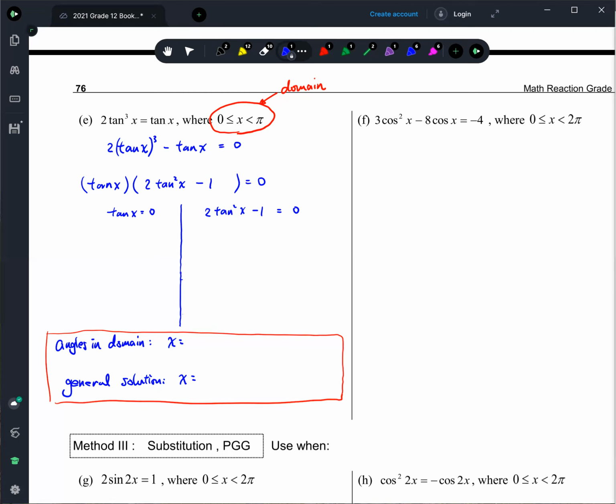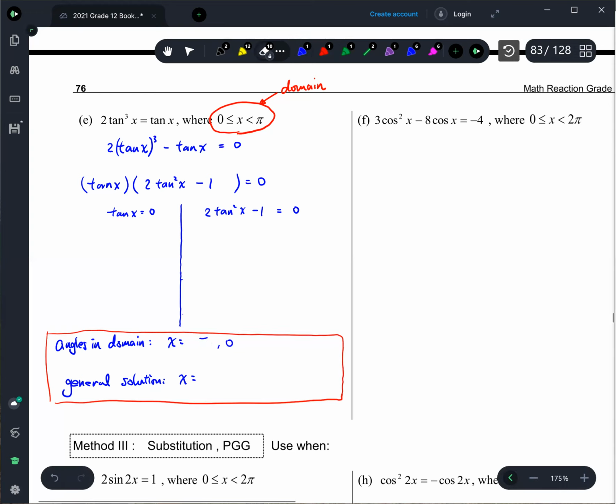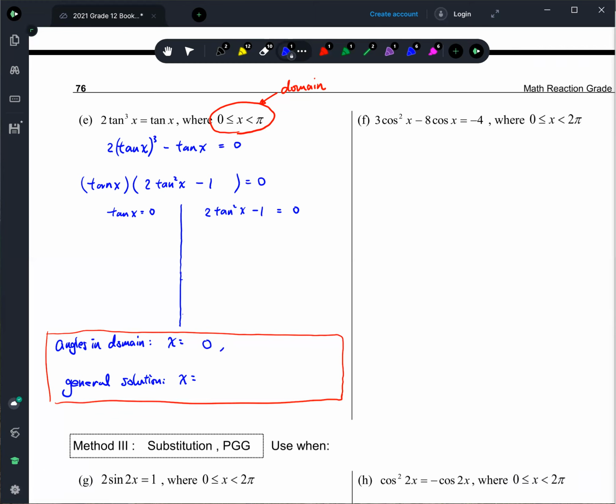For the tan x equals 0, I got pi and 0. Actually, okay, not pi, because pi doesn't work because it's not in the domain. Okay, good. Good observation. Okay, what else? And then the other side?